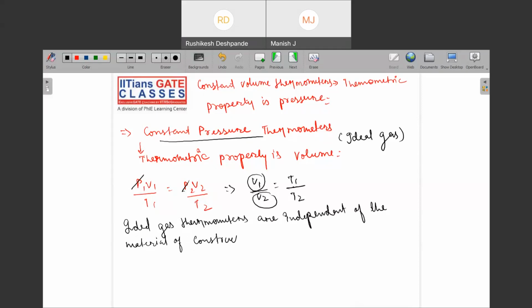In other cases, properties like delta R and EMF vary based on the nature of the material used, but in ideal gas thermometers there is no such dependency.